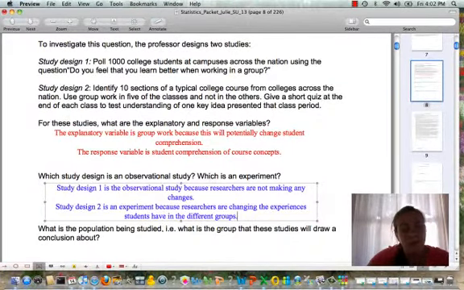Okay, so when we do something like in Study Design 2, where they're changing the experience or somehow manipulating the individuals in the study, then that becomes an experiment.